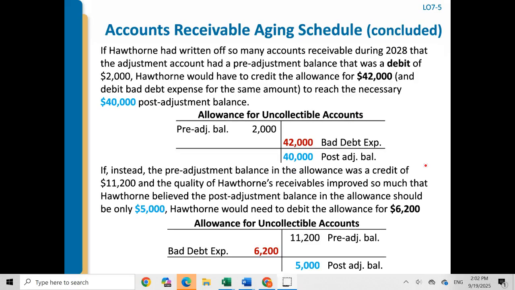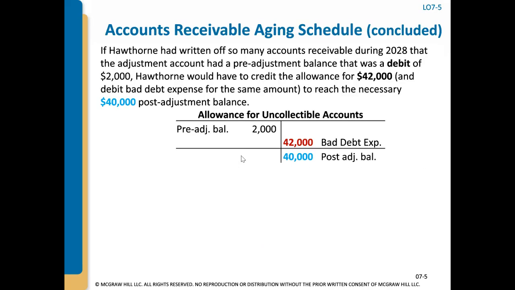I want to go through a couple of scenarios with the allowance for doubtful accounts.